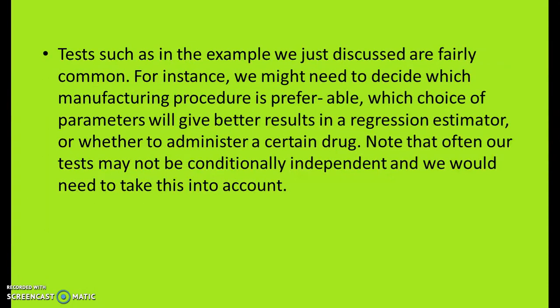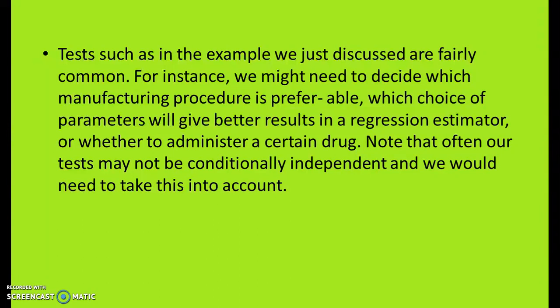Now, tests such as the one we just discussed are fairly common. For instance, we might need to decide which manufacturing procedure is preferable, which choice of parameters will give better results in a regression estimator, or whether to administer a certain drug.